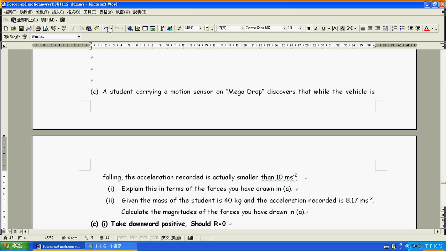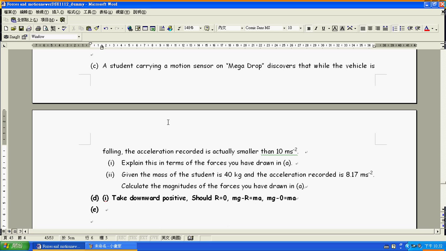Should R equal 0, mg minus R equals ma, and mg minus 0 equals ma, and a equals g.